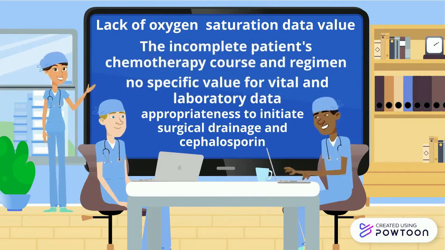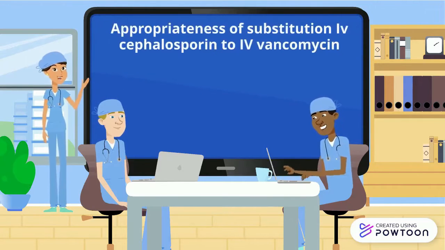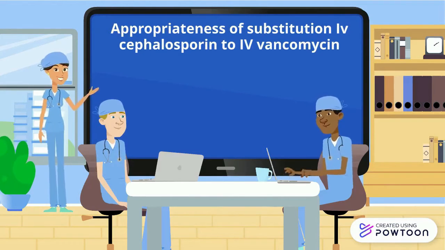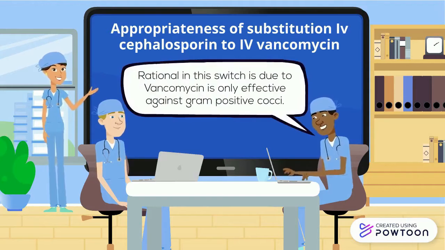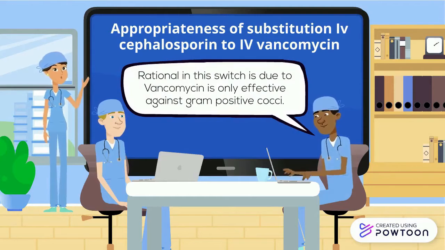The fifth assessment made is on the appropriateness of substituting intravenous cephalosporin with intravenous vancomycin treatment. The rationale behind this switch is that vancomycin is the only effective treatment against gram-positive cocci.